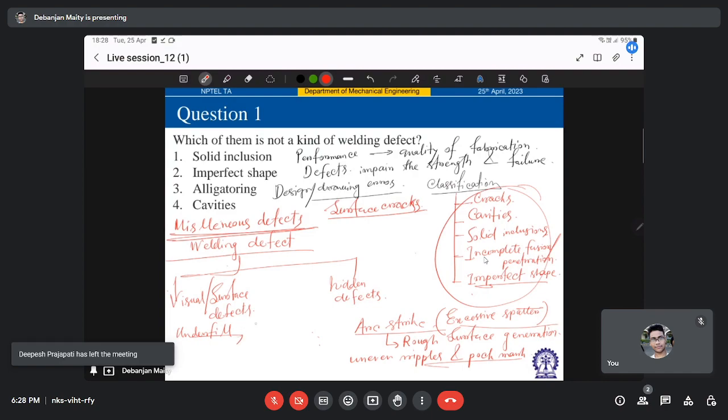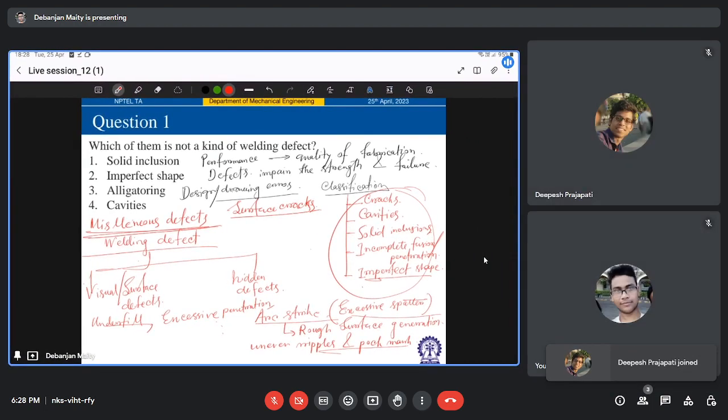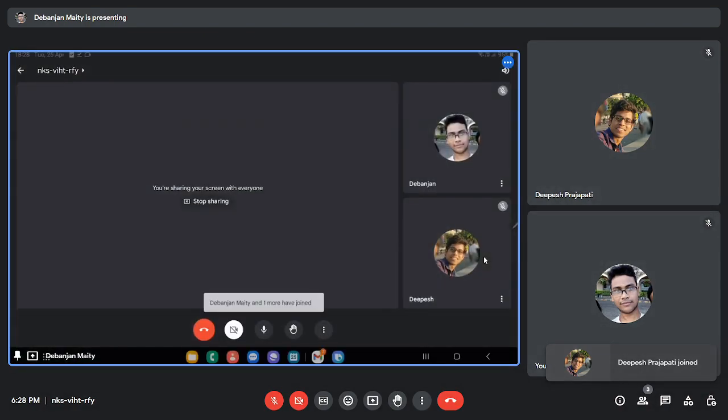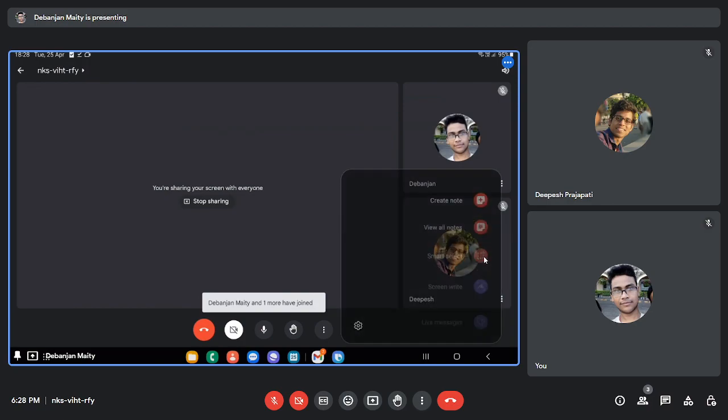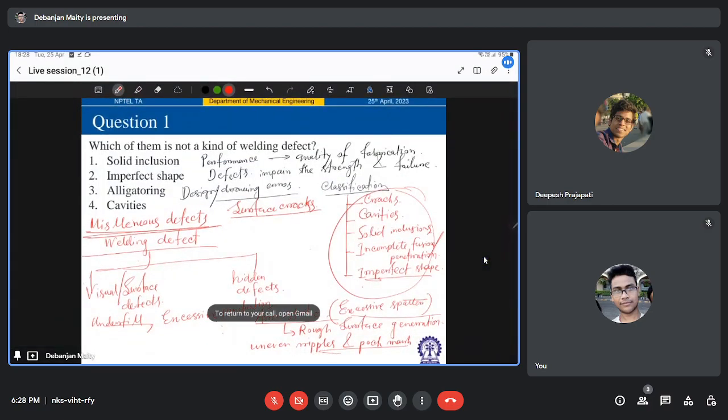And then you can have this excessive penetration. And apart from that, you can have some unfilled craters maybe. So these are coming under visual defect, right?